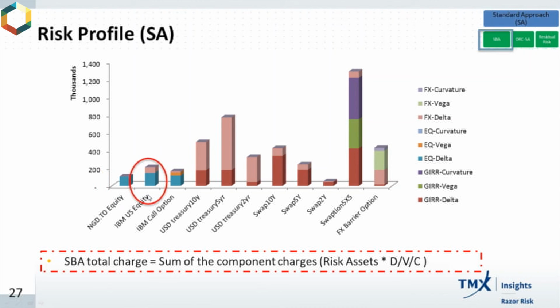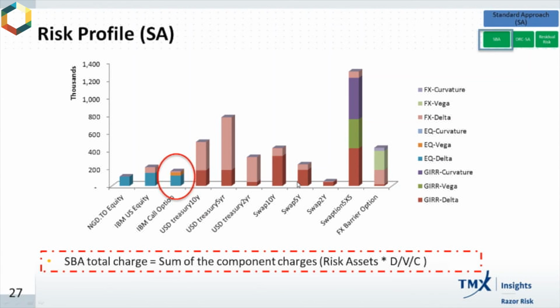Well, IBM stock has equity delta as well as FX delta since it's a US stock, while our reporting currency is Canadian dollar. And this one is interesting. So the IBM call option, supposedly has 4 components: equity delta, vega, and curvature, plus FX delta.